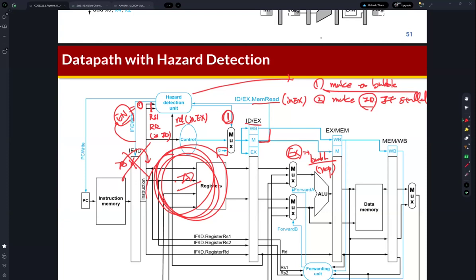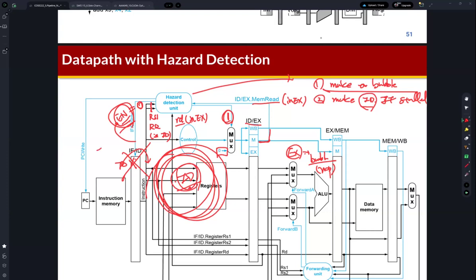Do you understand? So we can just control the write enable port of this pipeline register. So by making the enable signal 0, the instruction stays in the ID stage. Okay.